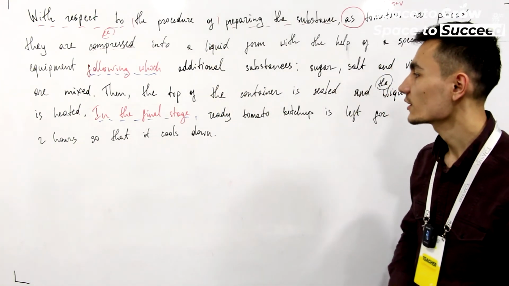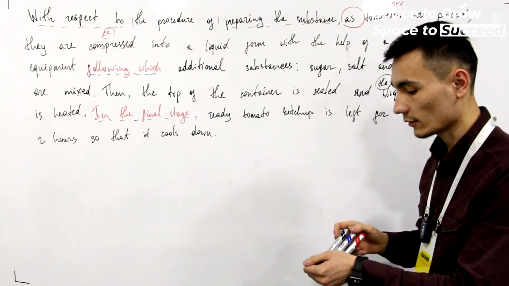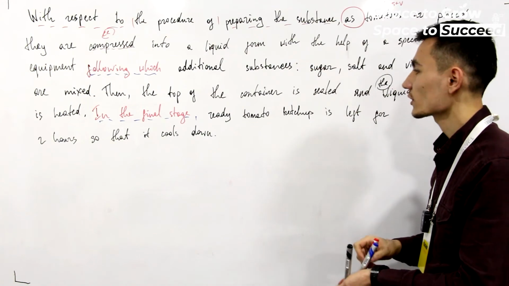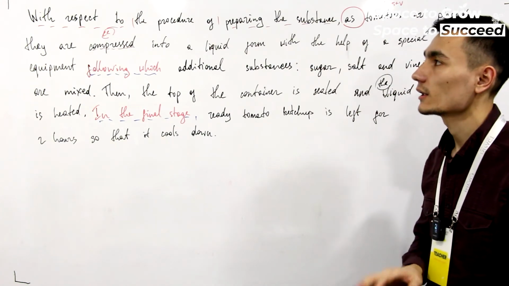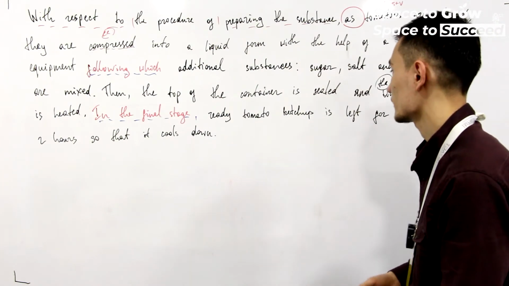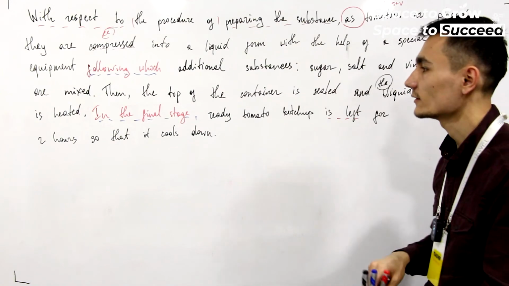I wrote, "in the final stage, ready tomato ketchup is left for 2 hours so that it cools down." Here I didn't use any exceptional vocabulary, unfortunately, but you have to pay attention to the fact that when you're giving every single step in your process essay, you have to use passive voice: is left, is done, is delivered.